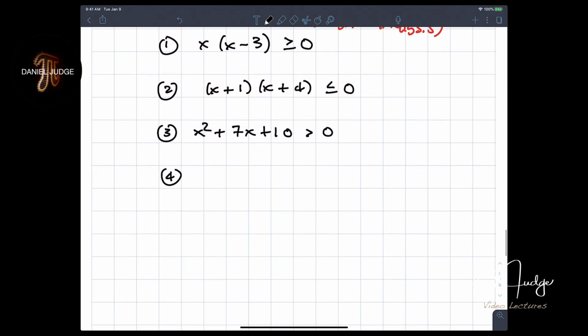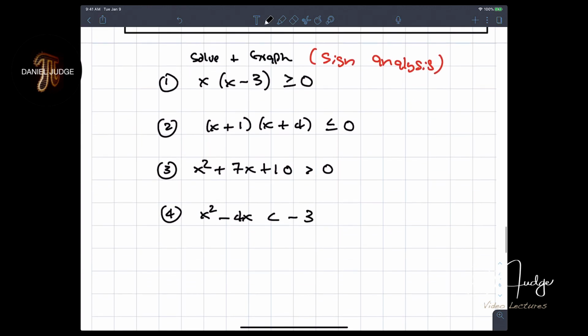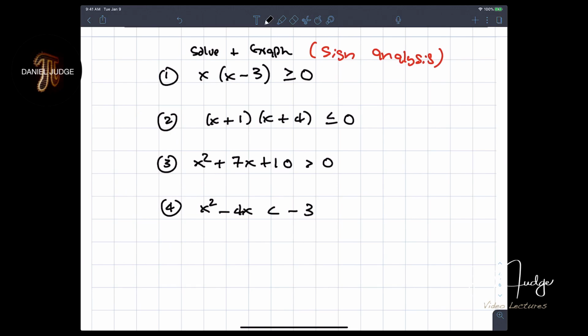And number 4, x squared minus 4x is less than negative 3. So I want you guys to try some of these here for yourself. Let me see. Yeah, let's do another one, 5, just in case if we have some time. I say x squared greater than or equal to 16.